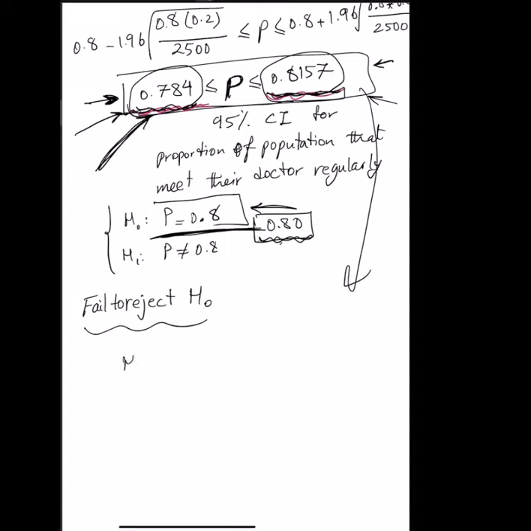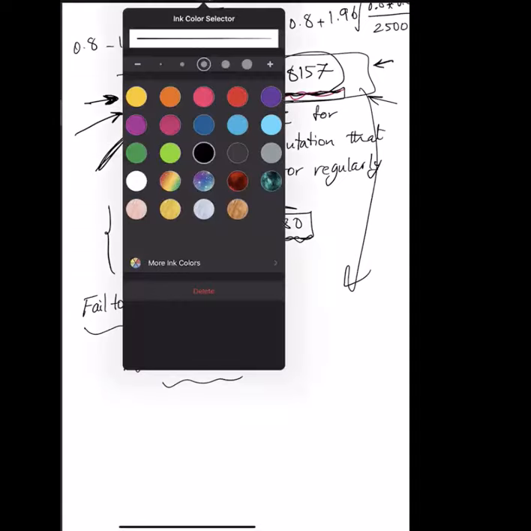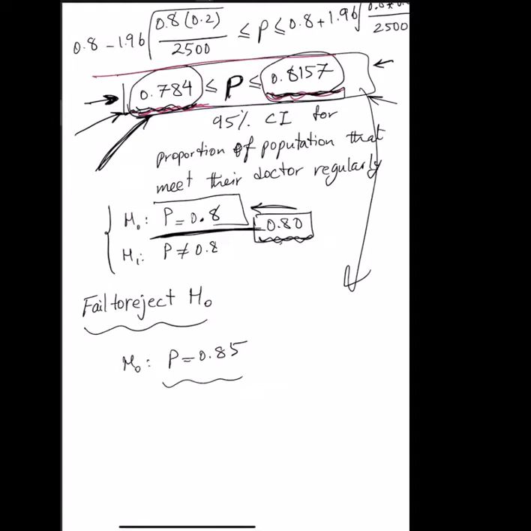However, if you tell me that you're thinking P is 0.85, then in this scenario I'm going to say no, because I think this unknown P falls somewhere in this interval.